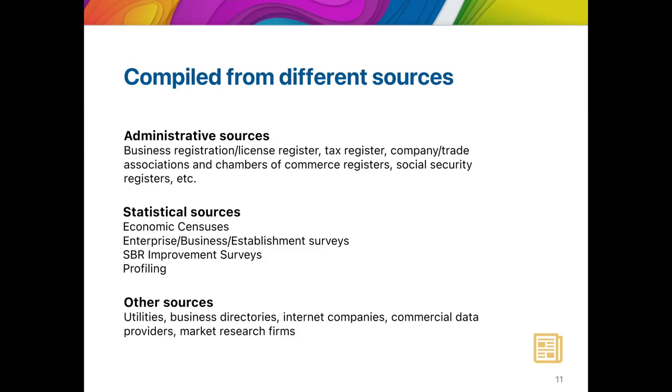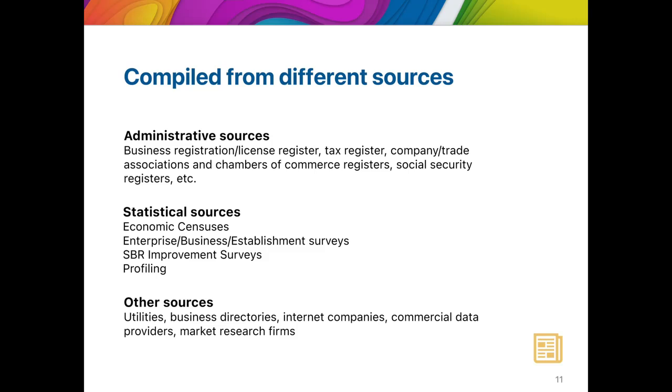Next part for the SBR's definition, an SBR's data is sourced and compiled from different providers. It can be administrative, which can be other government agencies like the business name register, trade or chamber of commerce, or social security registers.